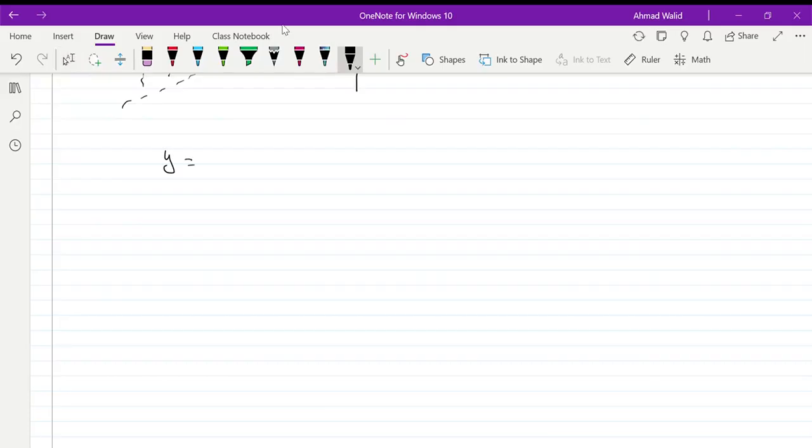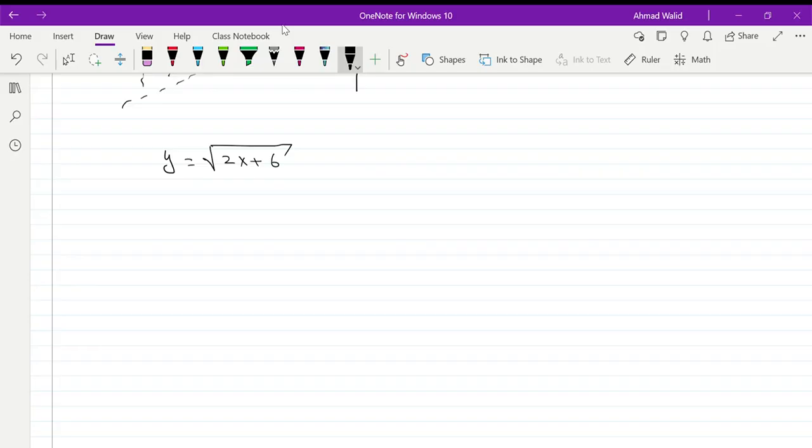But look at this example that your book immediately starts with, even before explaining. y equals the square root of 2x plus 6. What is the domain of this function actually? Can I say the domain of this function is also from negative infinity to positive infinity?